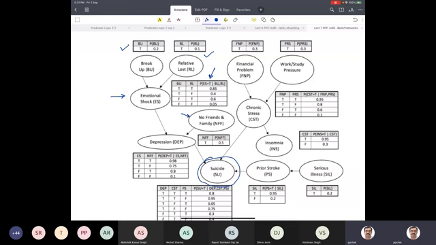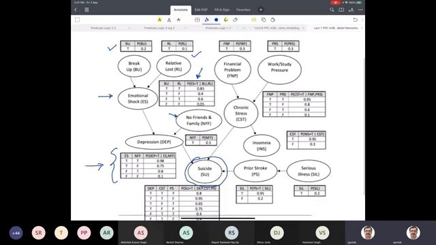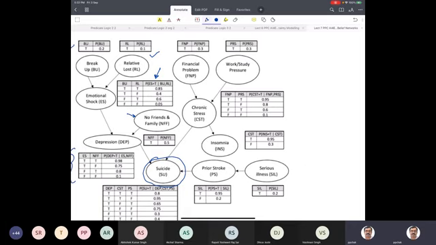Another independent variable is no family and friends, which is 50%. And an emotional shock leads to depression. So here are the probability tables for depression. Similarly, you have another variable, insomnia, which is an outcome variable.